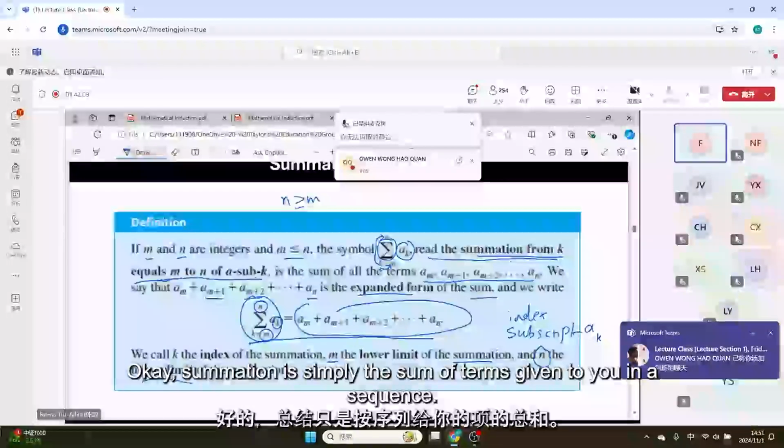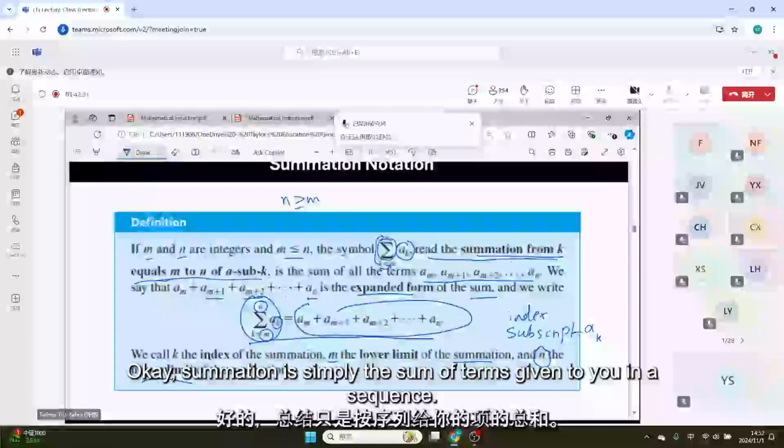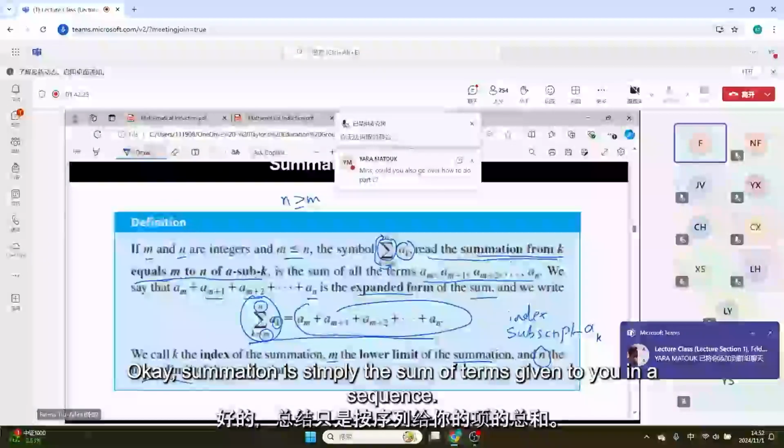Okay, summation is simply the sum of terms given to you in a sequence. I'll repeat it.